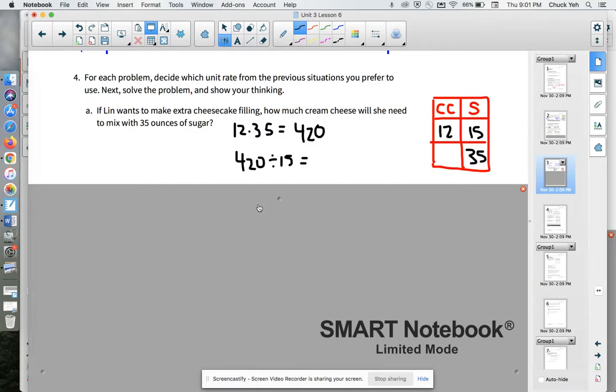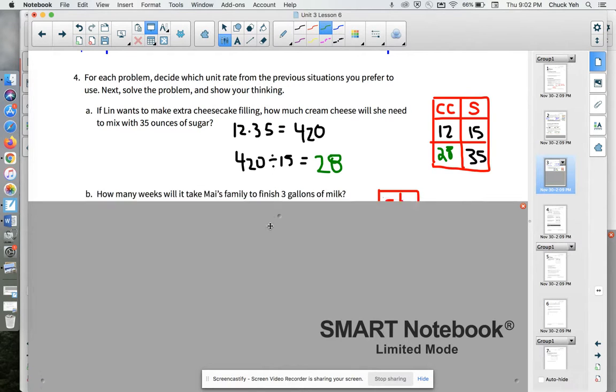Mm, 420 divided by 15. 28. So you would need 28 ounces of cream cheese. 28. Is that what you got? 28.